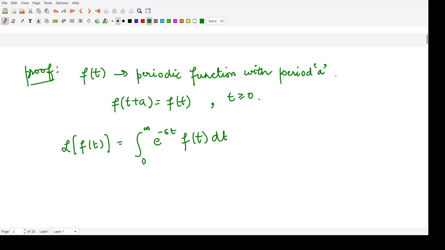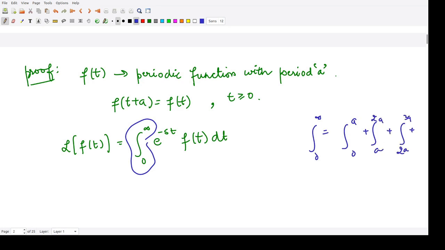Note that the limits here are from 0 to infinity, so you could break this limit into 0 to a, then from a to 2a, then from 2a to 3a, and so on, until in between you have the limit na to n plus 1 into a, and you keep on doing this. So you have all the limits from 0 to infinity.